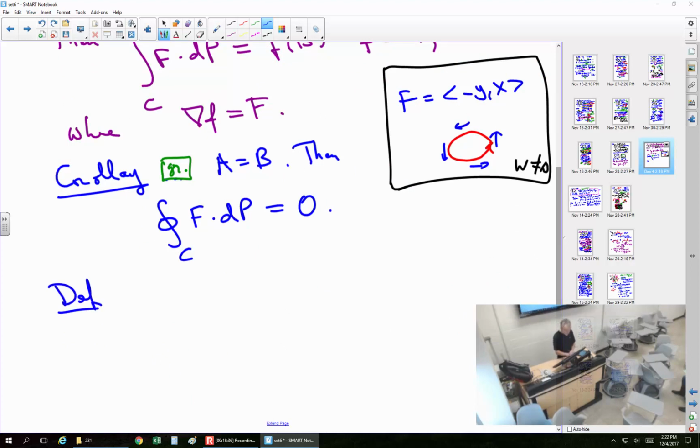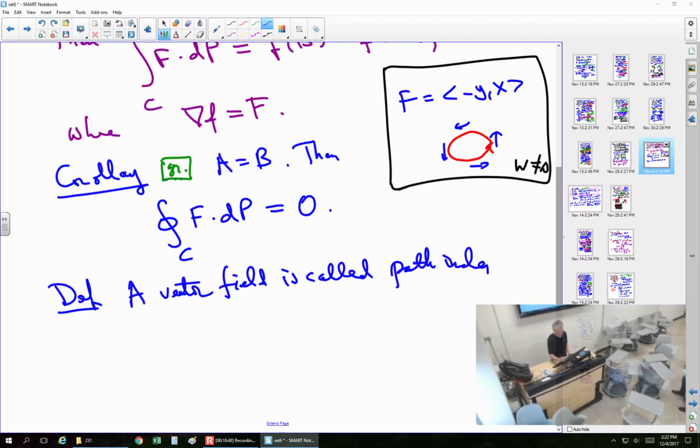It's a definition: a vector field F is called path independent if such an integral depends only on the beginning and end points of the curve.